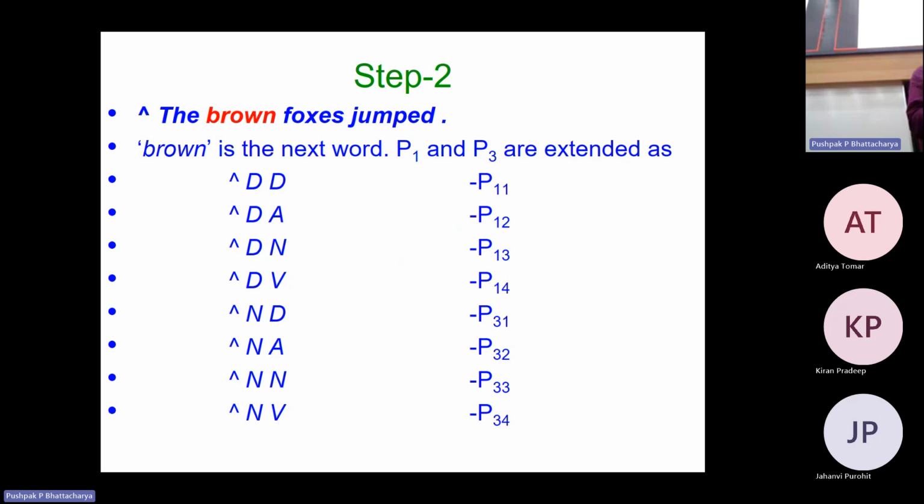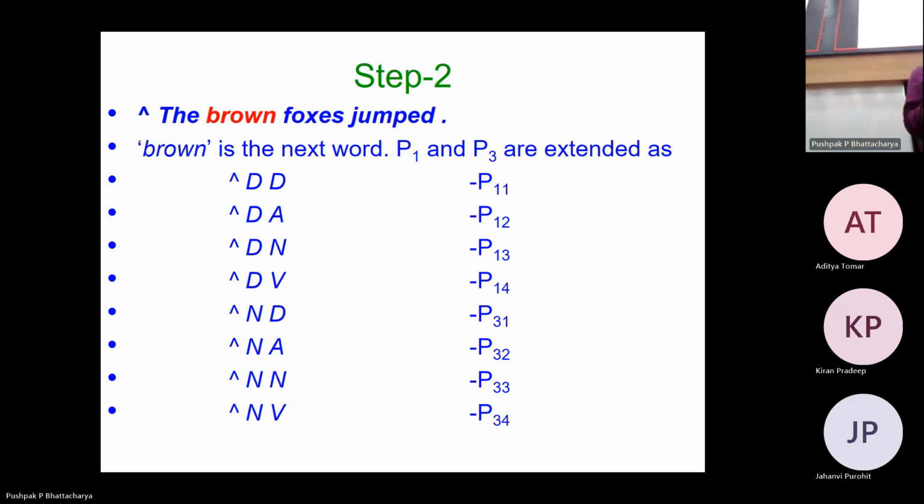And then we have hat N D, hat N A, hat N N, hat N V, P31, 32, 33, 34. Okay. So now we have got how many? 8 paths. Out of 8, since we had committed to a beam width of 2, only 2 will be retained, the 2 paths which have the highest probability.